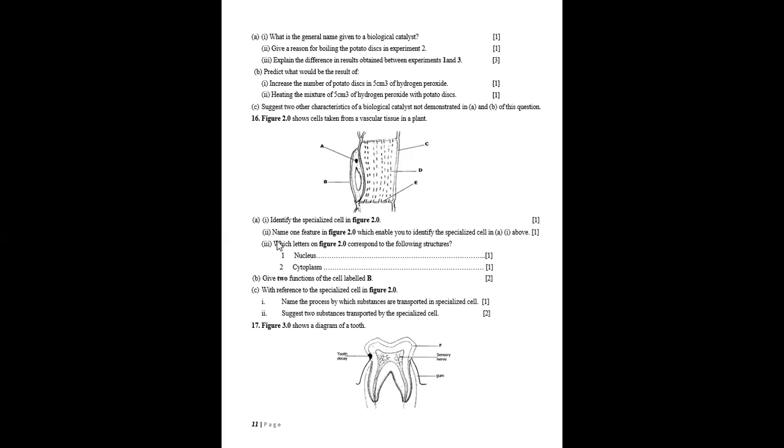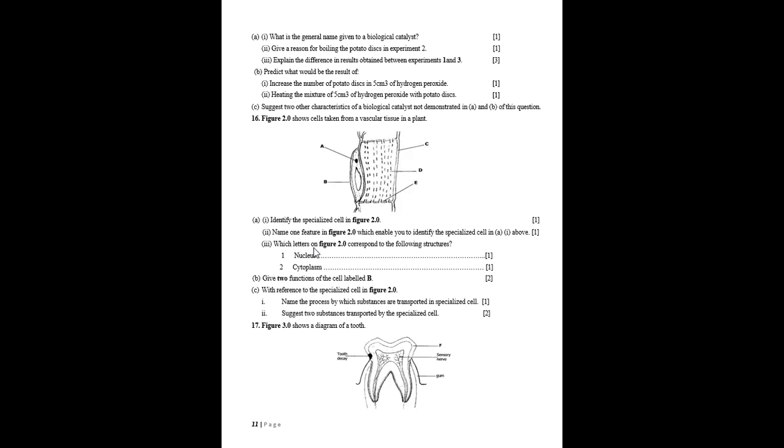Then name one feature in figure 2.0 which enables you to identify the specialized cell in A above. For number two, the feature is the companion cell or the cellular plate.